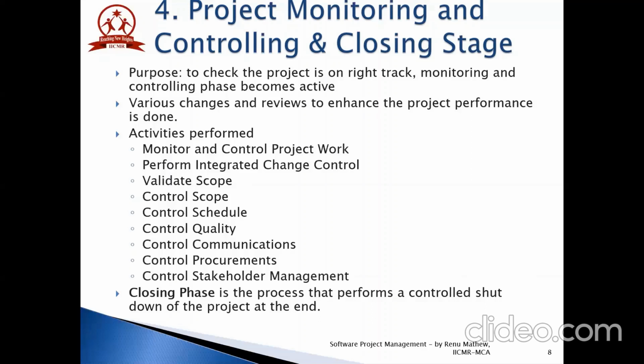The inputs include project management plan, performance reports, cost forecast, schedule forecast, validated changes, enterprise environmental factors, and organizational process assets, while the output includes change requests, project management plan updates, and project document updates.